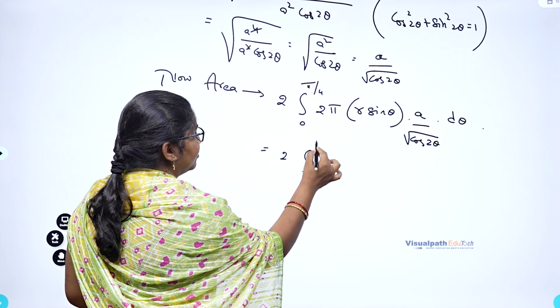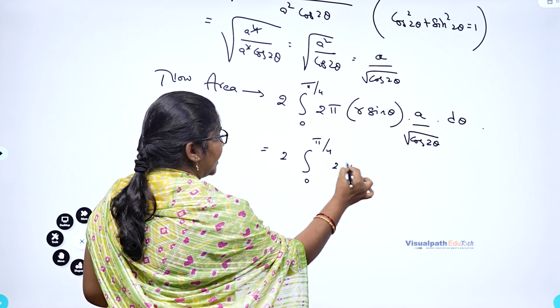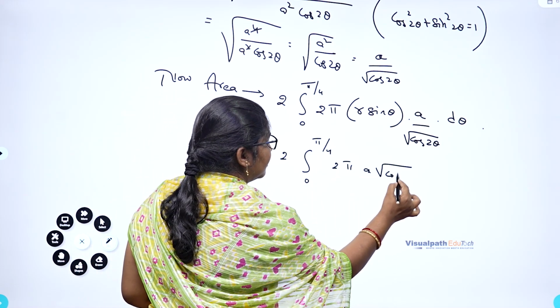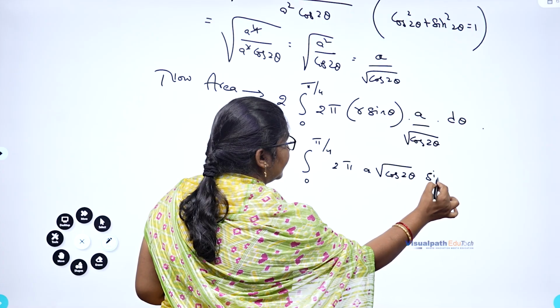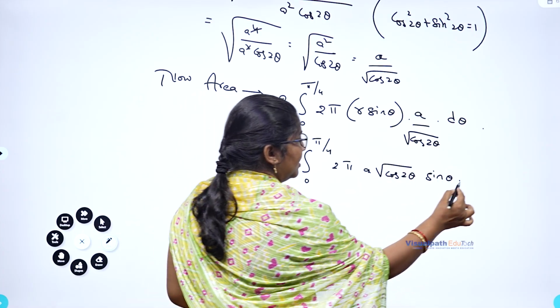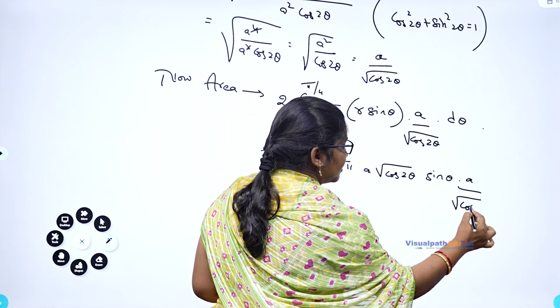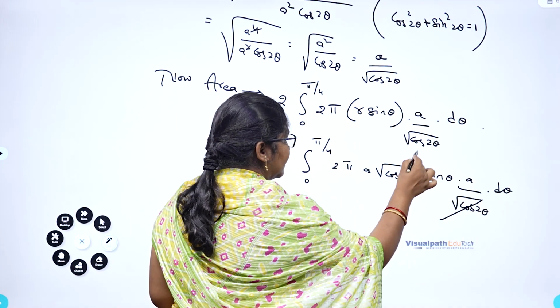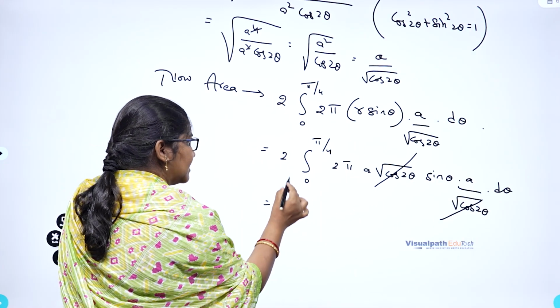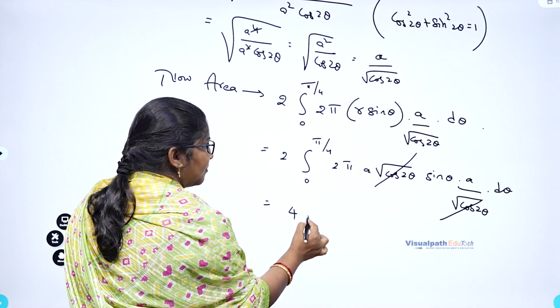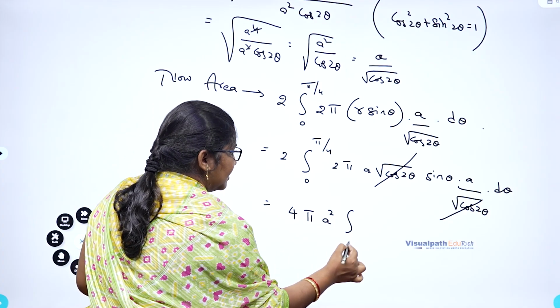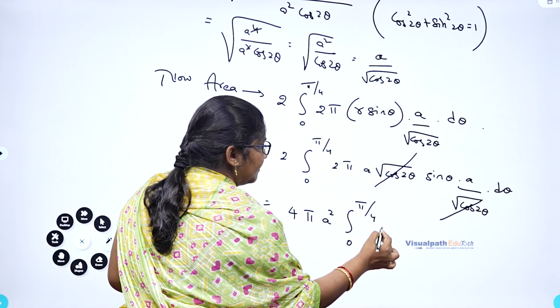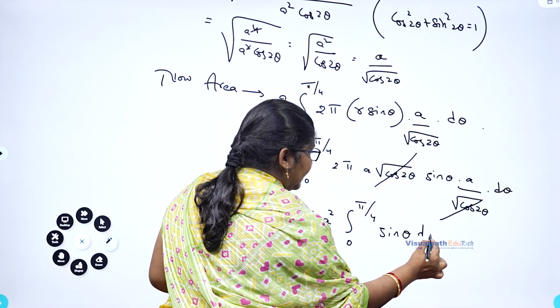So 2 times integral 0 to pi by 4 of 2 pi a under root cos 2 theta sin theta into a by root cos 2 theta into d theta. This and this will get cancelled. This is 4 pi a square integral 0 to pi by 4 sin theta d theta.